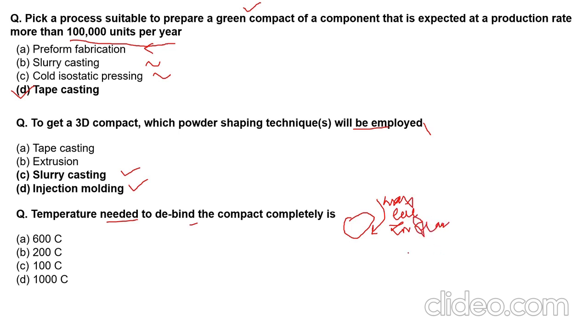These are all organic molecules that are added. Like you checked, we had PVA, which is also an organic molecule. So you are adding organic compounds as a binder for binding of the powders. If you want to debind the powder, if you want to remove this binder, what is the temperature that should be used? If you can see from these temperature ranges, what is the temperature that we should utilize?